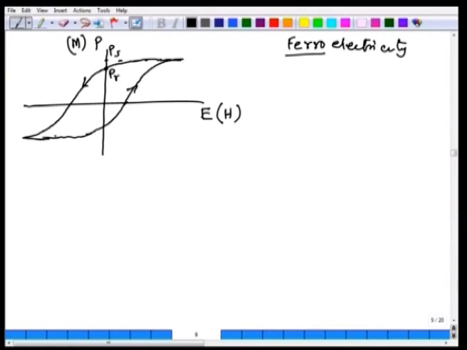This is the remnant polarization, and if you want to remove it, you have to apply a coercive field EC, and this story repeats if you go in the other direction. So if you apply a field, you can reverse the direction of polarization, and after removing the electric field there still is some minus PR or plus PR, which is the polarization still available in this material, and hence this is a good memory material.